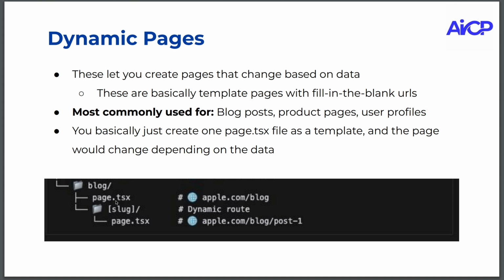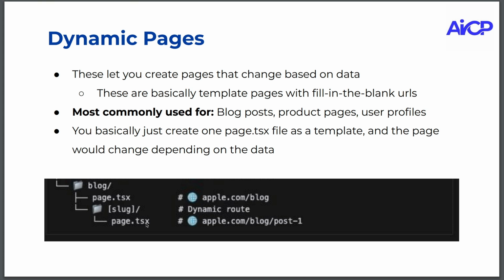But then if you want dynamic pages after this, so you want a blog post 1, post 2, post 3, you would then have to create this bracket ID. So what we have here is a bracket ID called slug. So this is the dynamic root or element here. And then after this dynamic root, you would do a page.tsx.